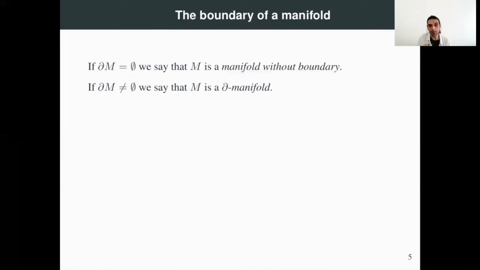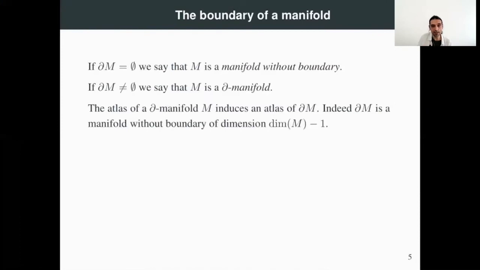Let's remind ourselves again that a manifold without boundary is also a manifold with boundary. It's something a little bit weird, but yeah, we are making that convention. And if the boundary of M is non-empty, we say that M is a manifold with boundary in the strict sense. Okay, so that is a manifold with a non-empty boundary.